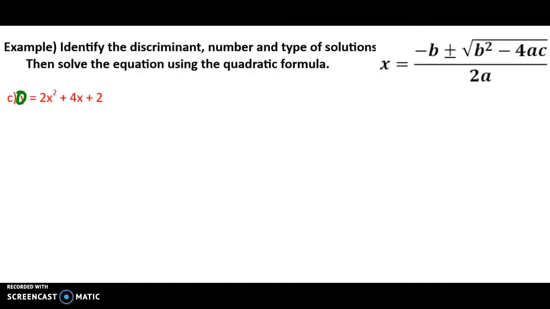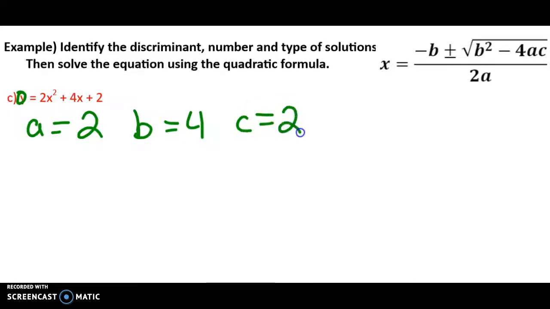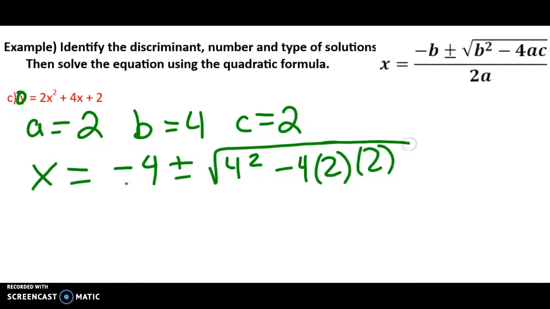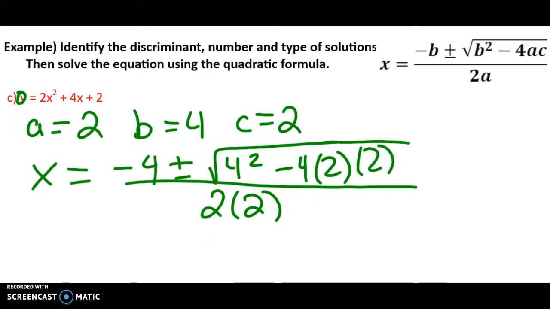can solve it. Everything is on one side of the equation, so we don't have to move anything. So we can identify our A as 2, our B as 4, and our C as 2, and then go ahead and plug that in. So negative B, negative 4, plus or minus B squared, 4 squared, minus 4 times A, which is 2, times C, which is 2, all over 2 times A, which this time is 2.